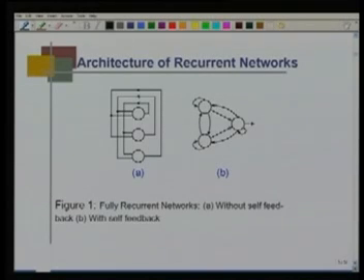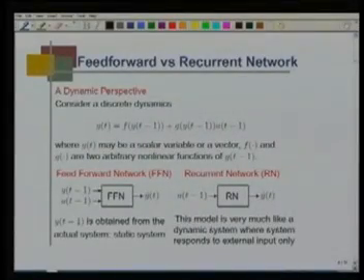This one goes only to this neuron and this neuron. So this is a fully recurrent network. Both are, but this is with self feedback, this is without self feedback. That is, each neuron is connected to each other in feedback. Okay, so we discussed also what is feed forward versus recurrent network.